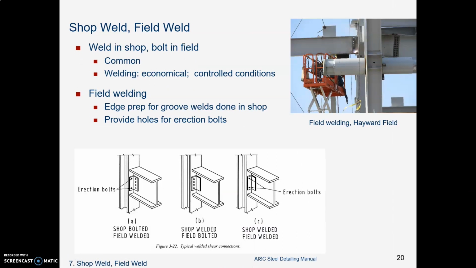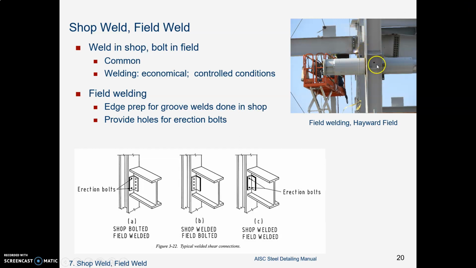Finally, last 2 slides, thinking about the difference between shop welding and field welding. So shop welding is, as the name implies, you're in the shop and you weld a thing there. Field welding is where you take the pieces of steel out to the job site, out in the field, and you weld them there.